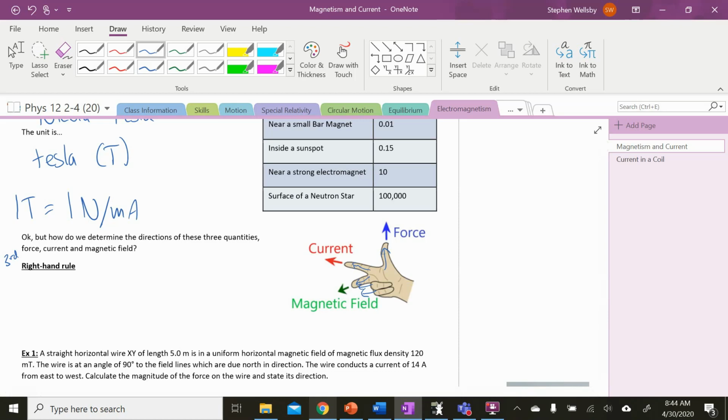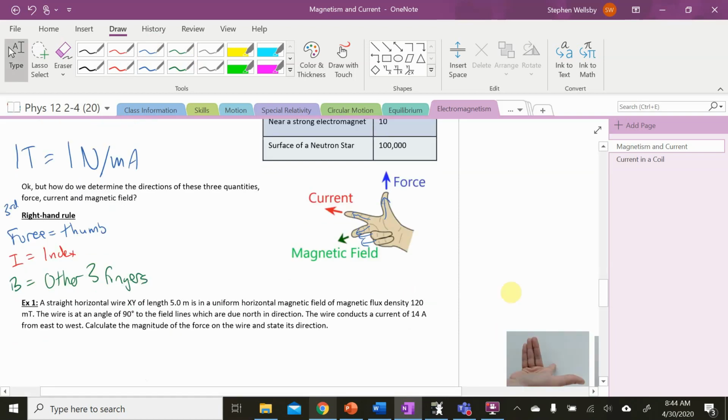So the right-hand rule, again, just to summarize: the force is your thumb, the current is your pointer finger or index finger, and your field lines are going to be the other 3, so your middle, ring finger, and pinky finger.